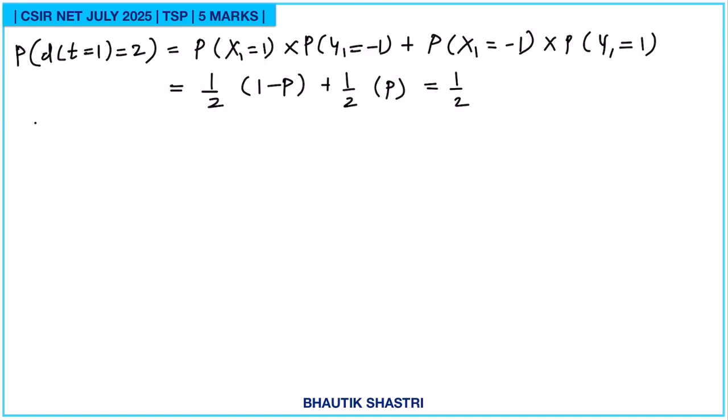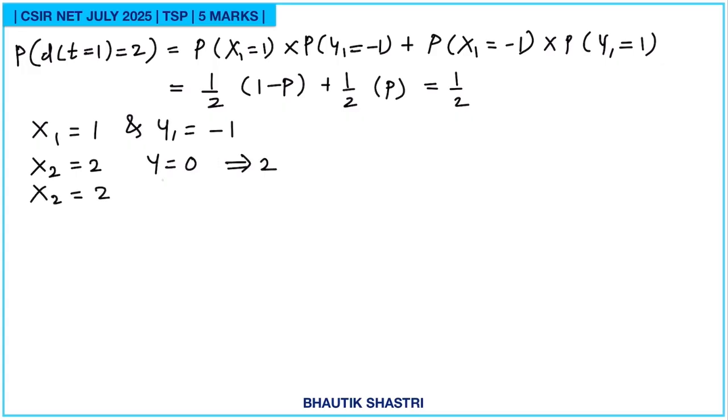Now let's start with the second one. Suppose x1 is equal to 1 and y1 is equal to minus 1. Then what will be the values of x2? If x2 is 2, then y can be 0, then the difference is 2. No, y1 is minus 1, right? Yeah, so if it is minus 1, then it can go plus 1 to be 0. So the difference will be 2.